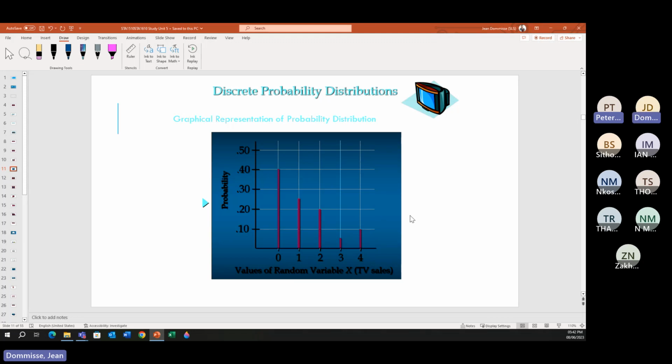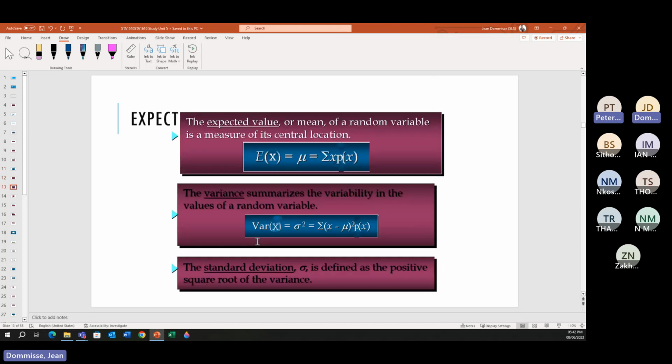I haven't seen a trace at all or something like this in the exam. And then two other things that you need to be able to do is, from that data, work out the expected value and variance.